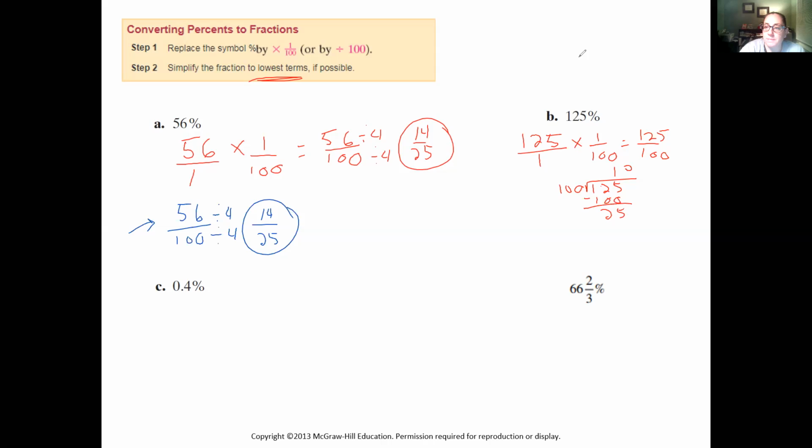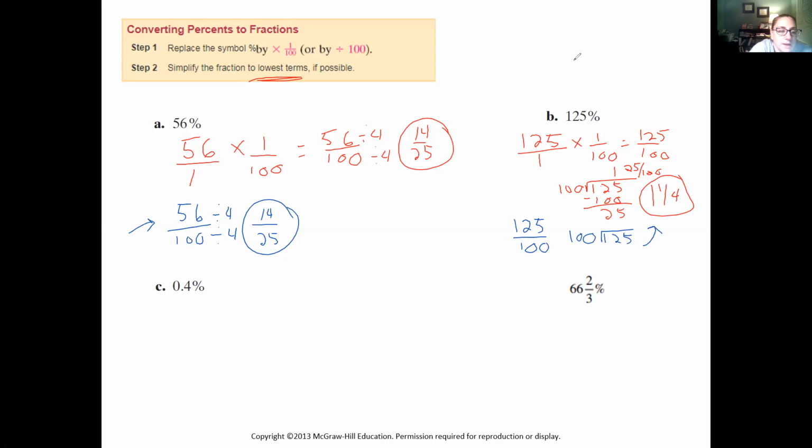I apologize. We keep it as a remainder. So we have 1 and 25 over 100. If you divide by 25, we reduce and you get 1 and 1/4. Now the other way to do that in the blue would be to just put that right over 100. And then you would divide and you would get 1 and 1/4.